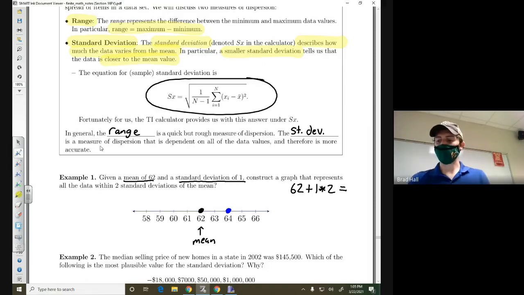I'm going to get into this in more detail later on, but that would be above the mean. And this is pretty symmetric. So below the mean, instead of 64, 2 below would be 60. That would just be 62, but since it's below, we would subtract not 1 standard deviation, but 2 standard deviations.